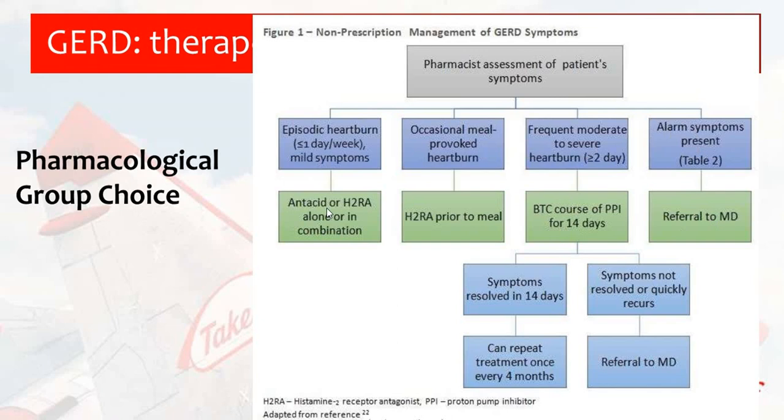Here you can have an H2 receptor antagonist prior to meals, or you can go for a proton pump inhibitor if the symptoms are severe. Give it for a minimum of 2 weeks. If symptoms resolve, continue further, and if symptoms do not resolve, go for investigations.